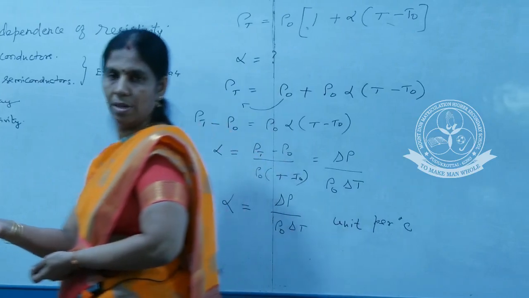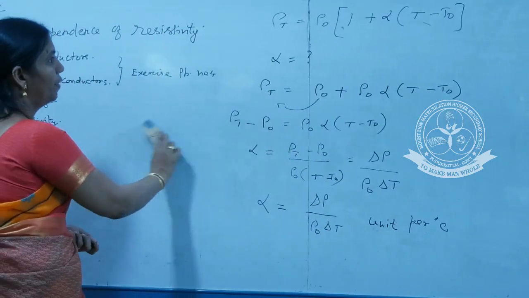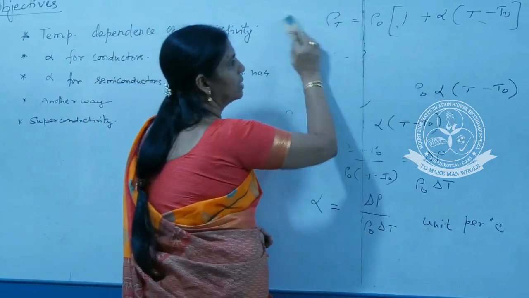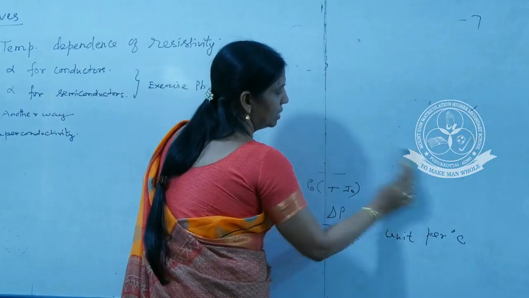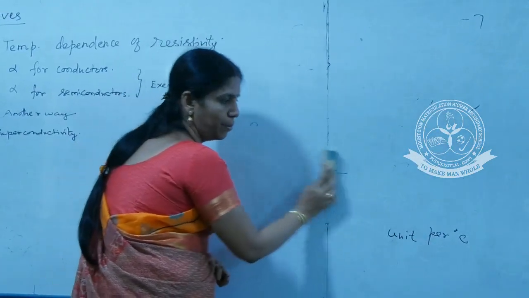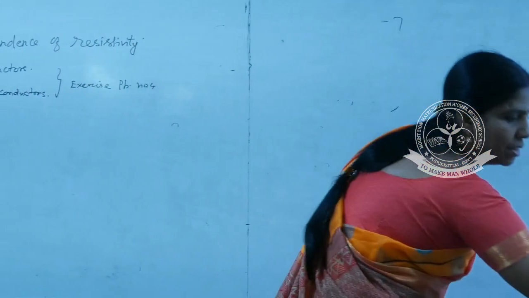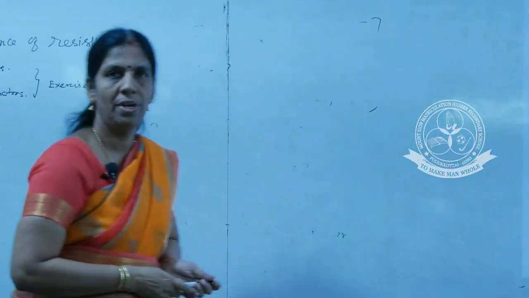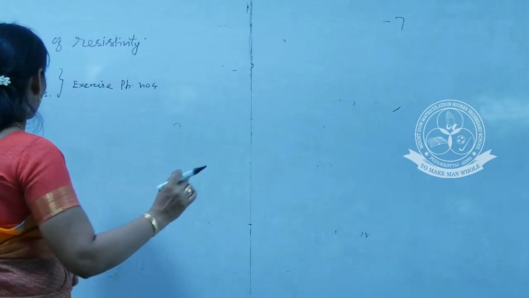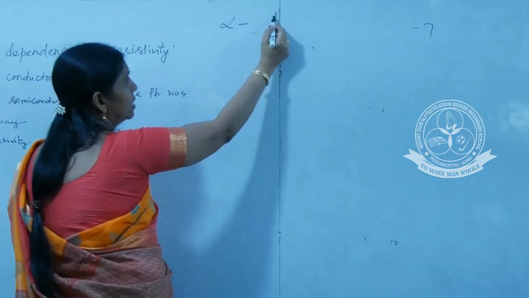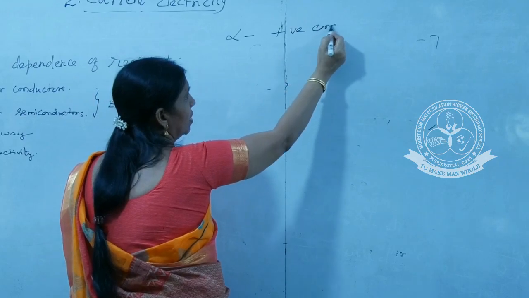Alpha value will be positive for conductors, because if we increase the temperature of any conductor, the resistivity also increases. So alpha is positive for conductors.